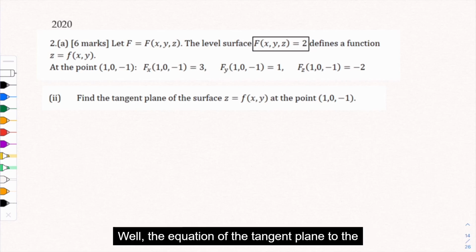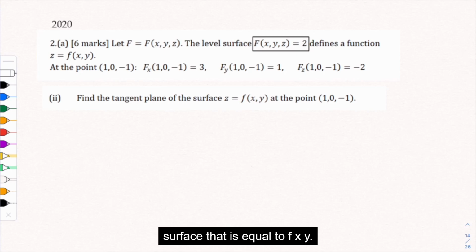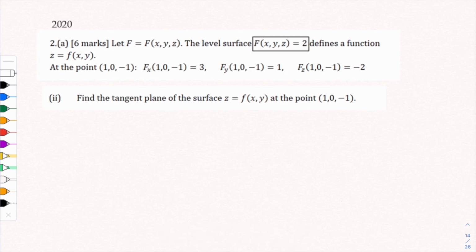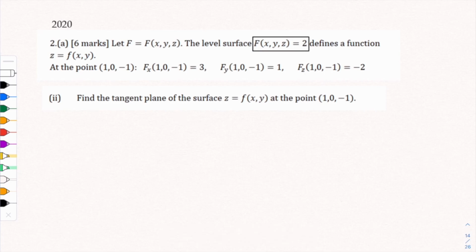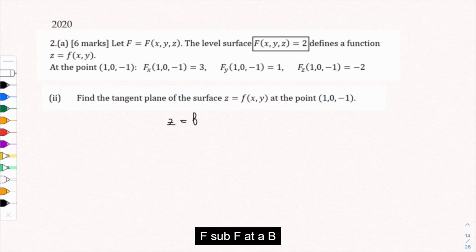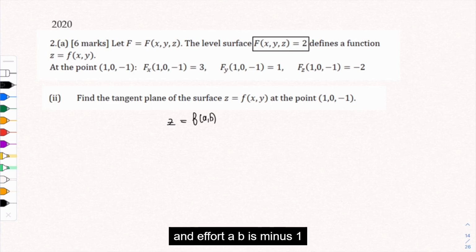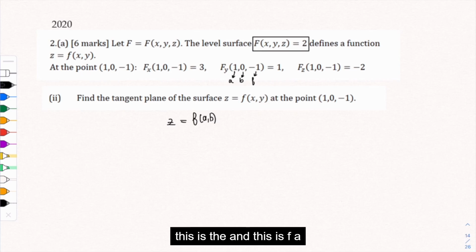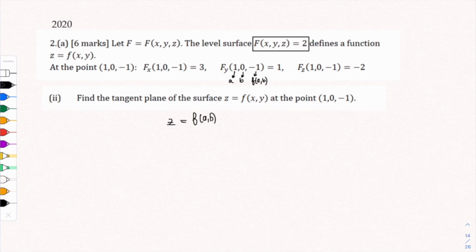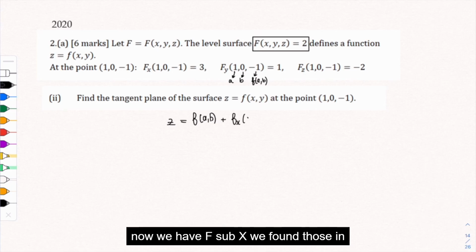Well, the equation of the tangent plane to the surface z equals f(x,y). We need to find z, so z is equal to f at (a,b), and f at (a,b) is minus 1, because this is a, this is b, and this is f at (a,b). Now we have f sub x, f sub y, f sub z, which we found in a previous problem.